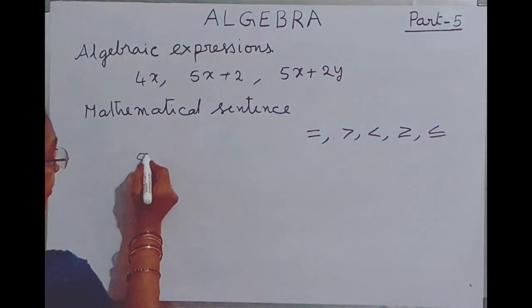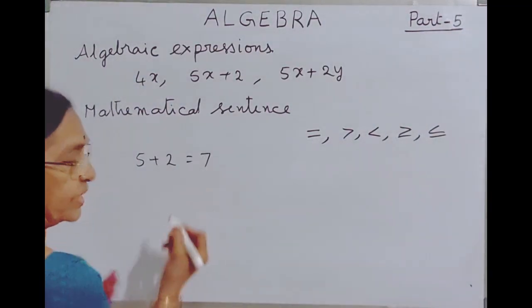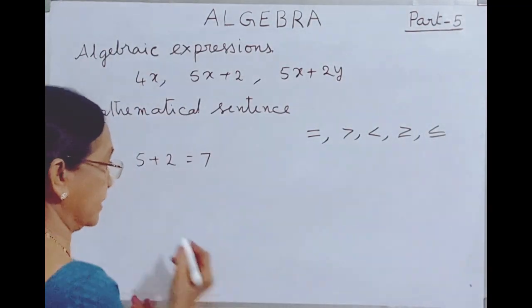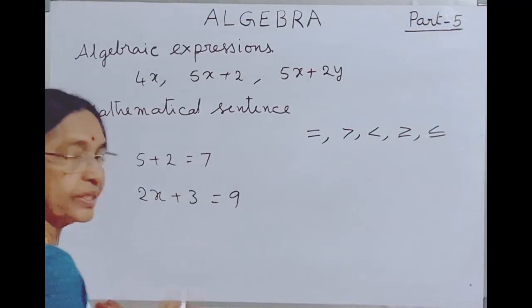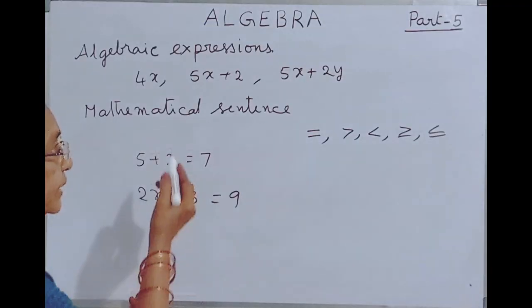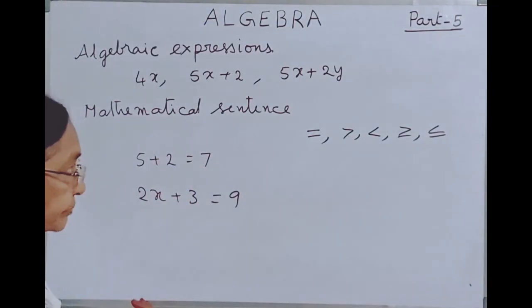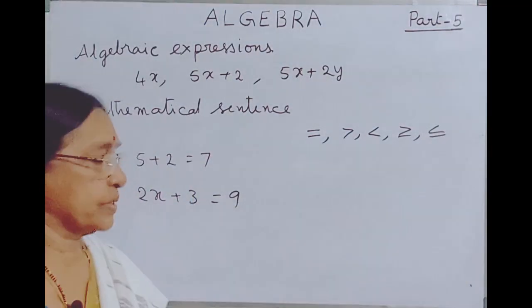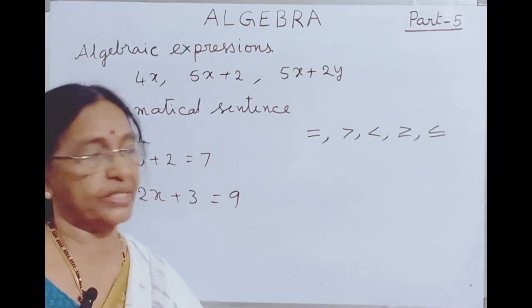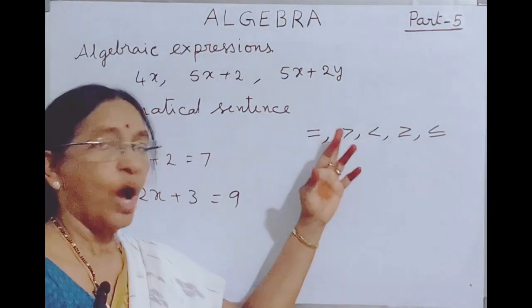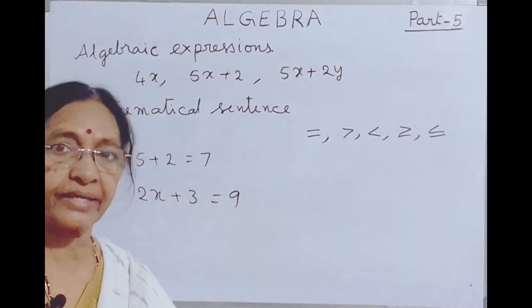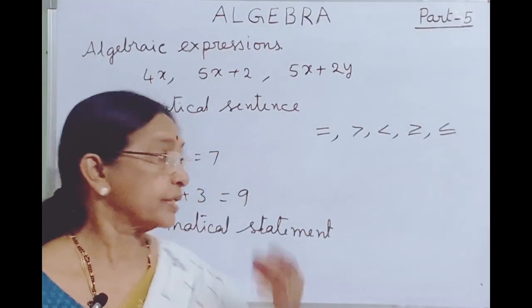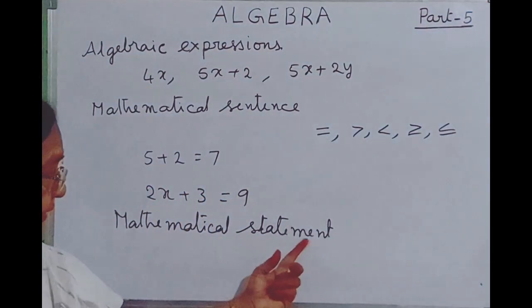For example, 5 plus 2 is equal to 7. It is a mathematical sentence. Or 2x plus 3 is equal to 9. This is also a mathematical sentence. Thus, if two terms or two numbers or variables are connected by equality sign or inequality signs, then that is called a mathematical sentence.